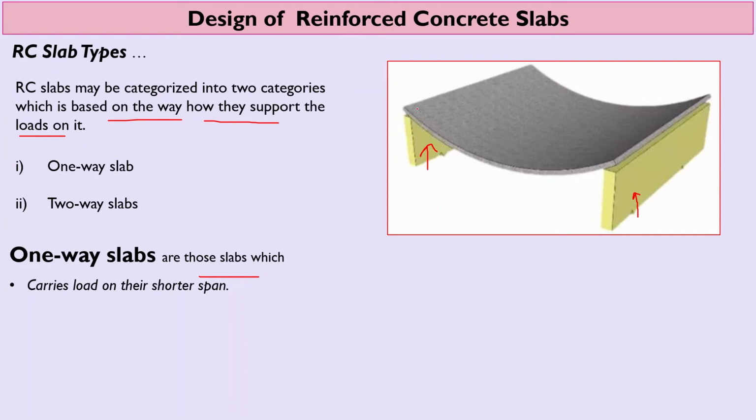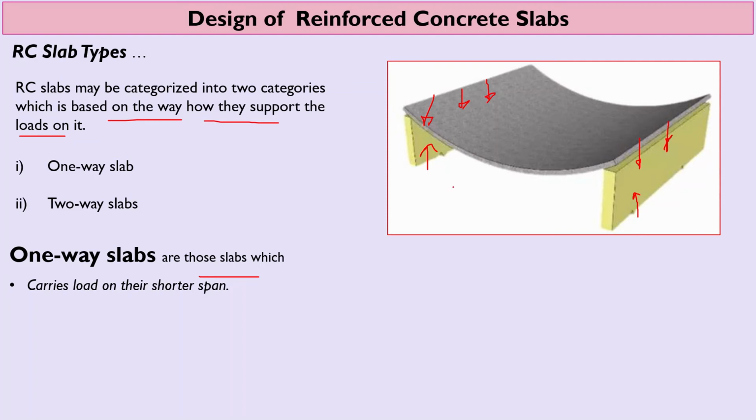When the slab is placed on these supports, it will have a bending shape like this. So whatever the load, that load will be transferred along the shorter span, and from this side it will also be transferred on the shorter span. So the longer span is free.